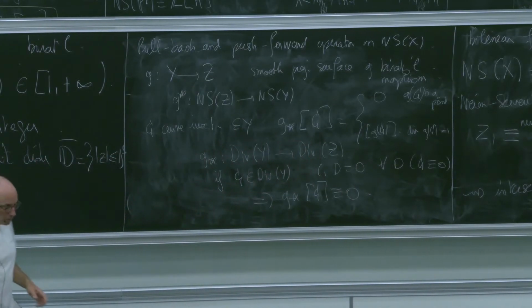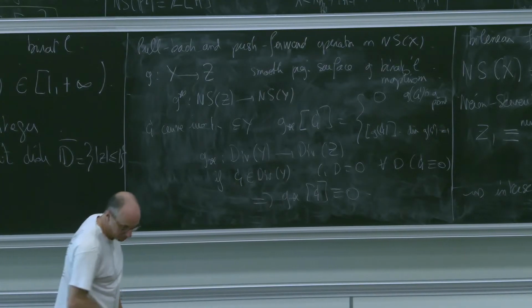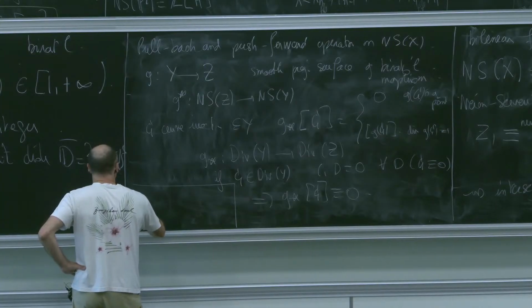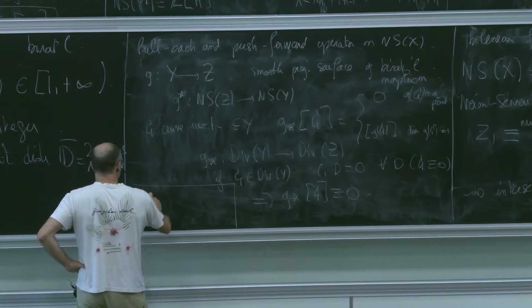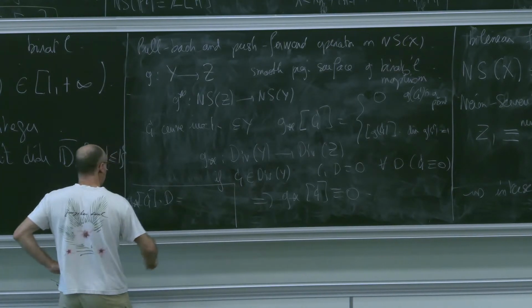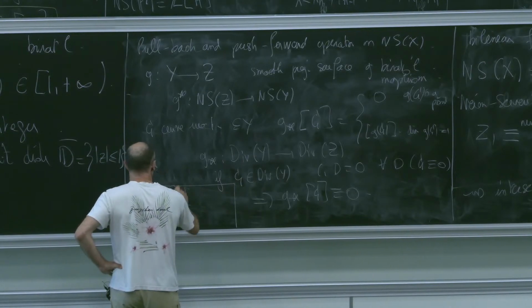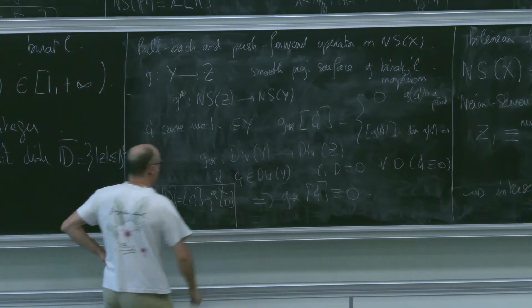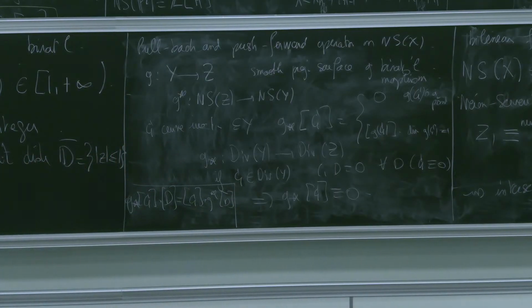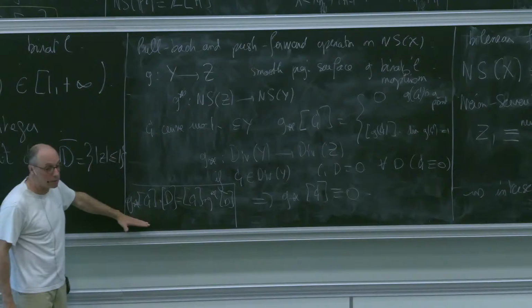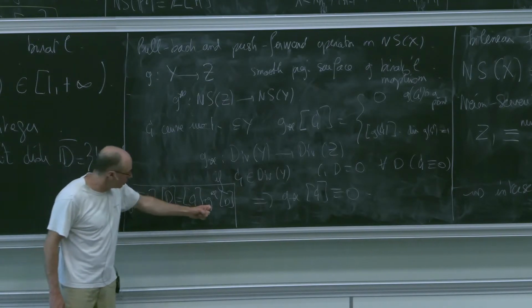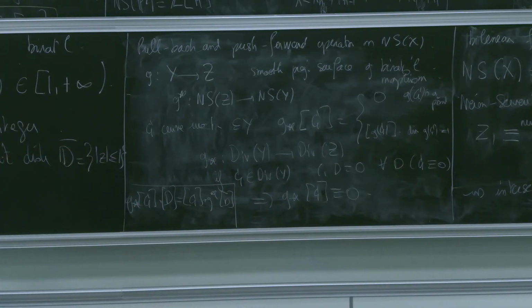Where does it come from? If you push forward your divisor C and you intersect with D, this is the same as C intersected with the pullback of D. So the push-forward is defined such that this identity is true. If you want, g lower star is the transpose of g upper star.